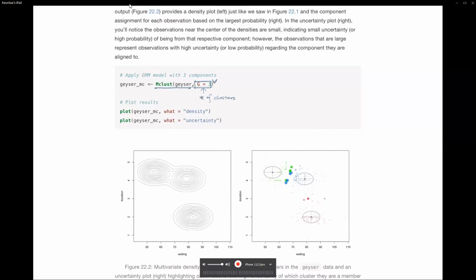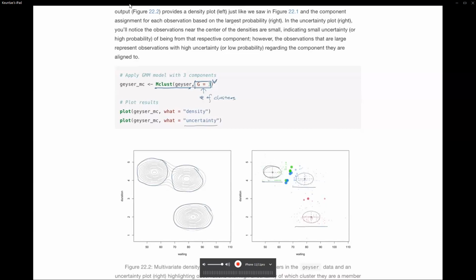When we plot the result, we get three different plots, and you can also see a three-part uncertainty curve.